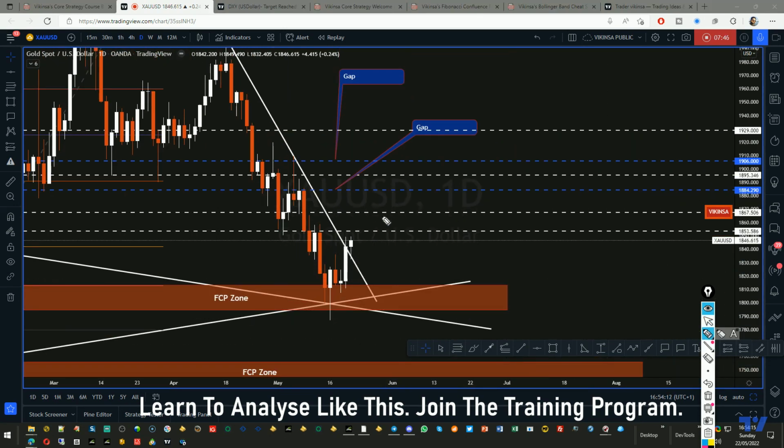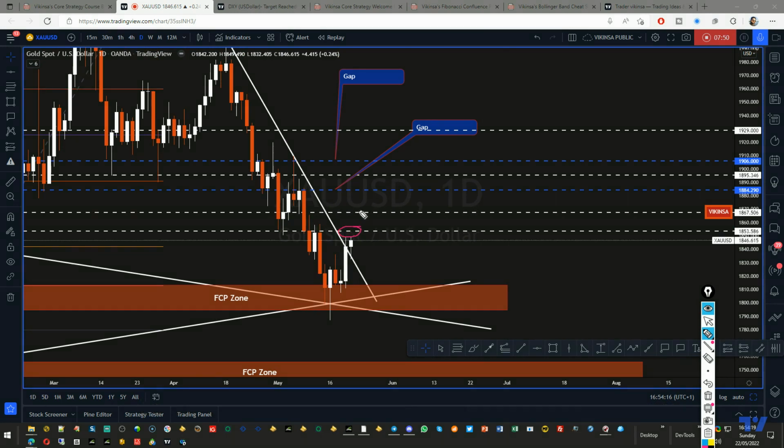So this level here, 1853.586, is a very important one. The next one is also very important, which is 1867 here, because of the structure level, we actually have a W pattern inside, which can go somewhere there. So if you're looking for short positions, then these levels can act as your resistance. However, if you're looking for long, then these resistances can also act as your profit targets.